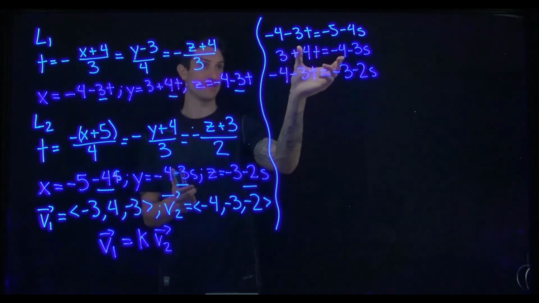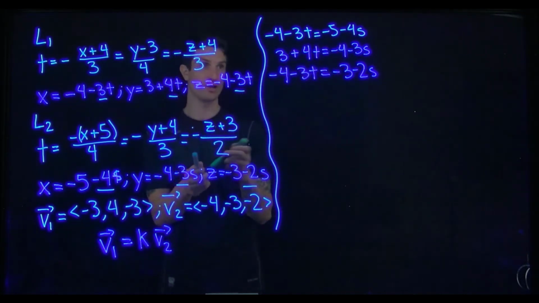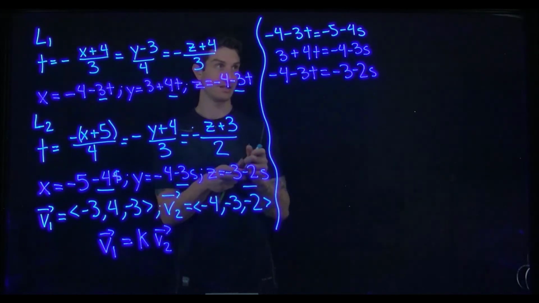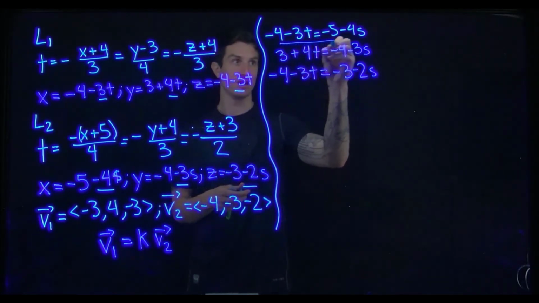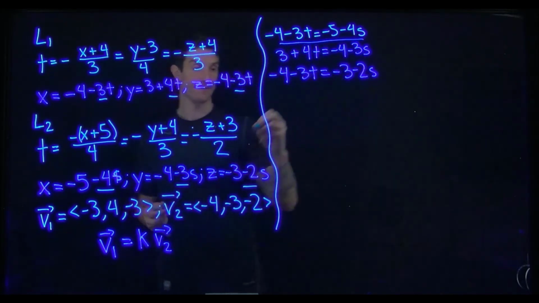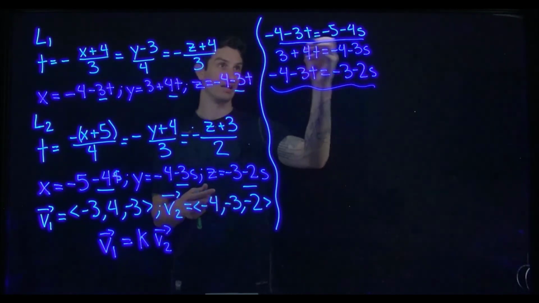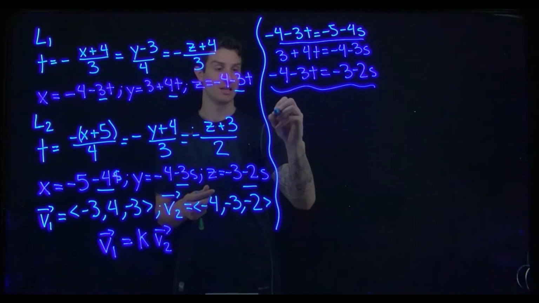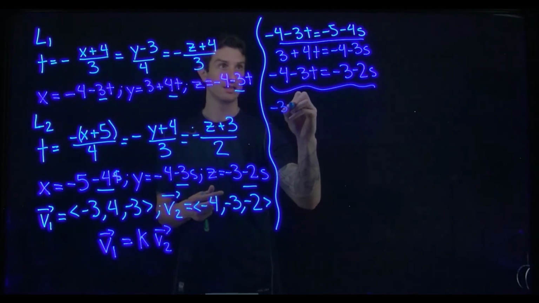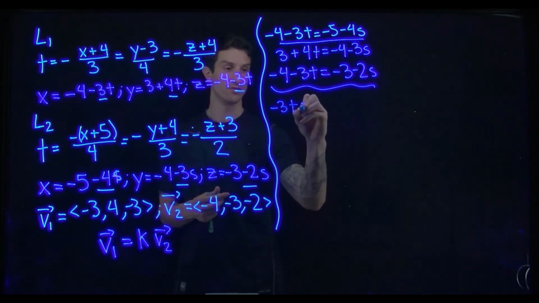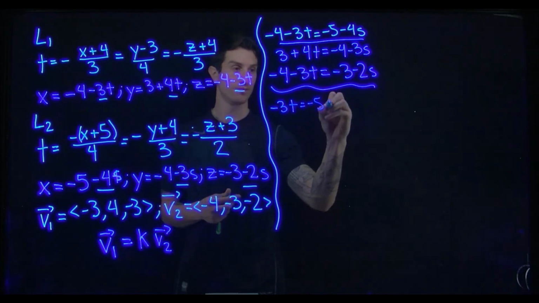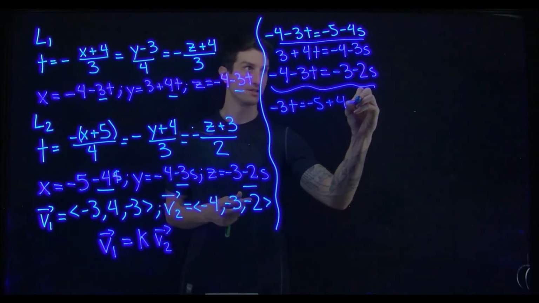And now we want to substitute, right? So we're going to take our first equation here, and we're going to solve for t. I'll put a little bit of a line to show a separator. So we have negative 3t is equal to negative 5 plus 4 minus 4s.